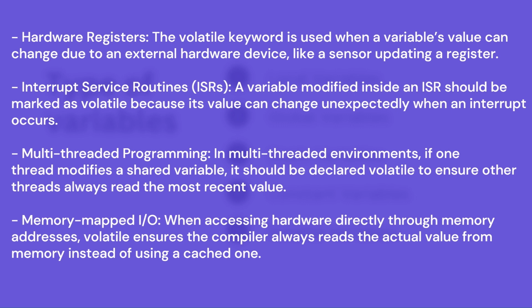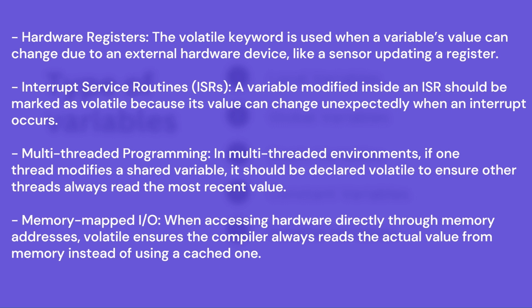The volatile keyword is used in hardware registers, where the value changes by a sensor or external hardware. It is used in interrupt service routines, where the value is set by an interrupt handler. It is used in multi-threaded programming where one thread modifies the value.